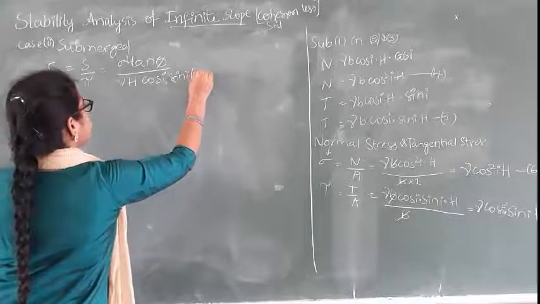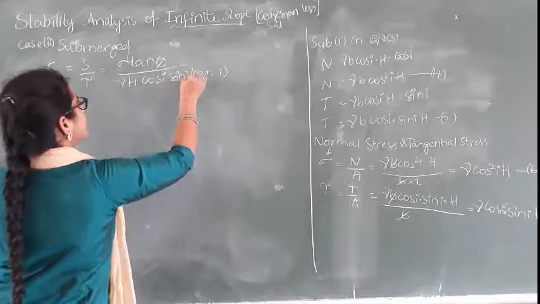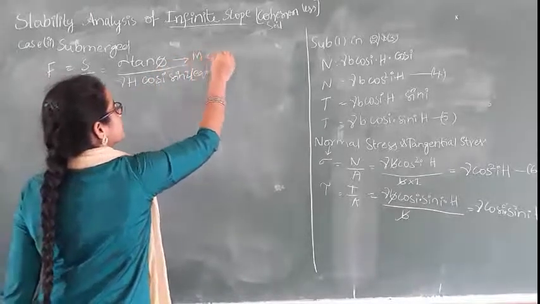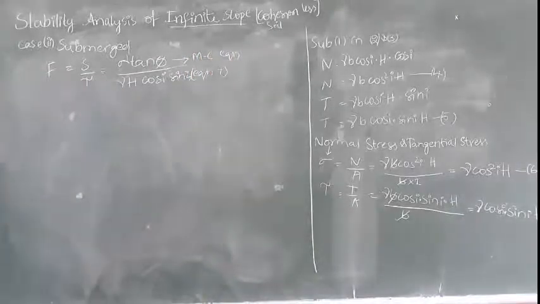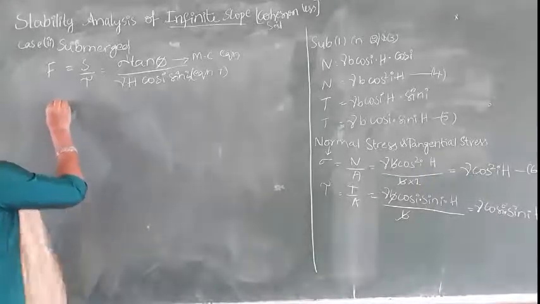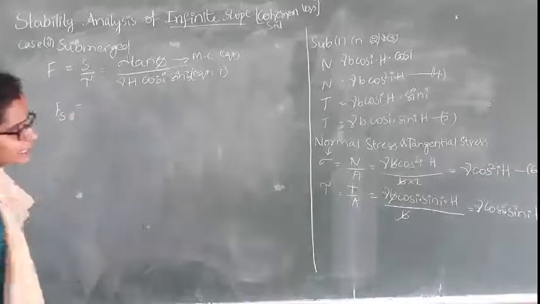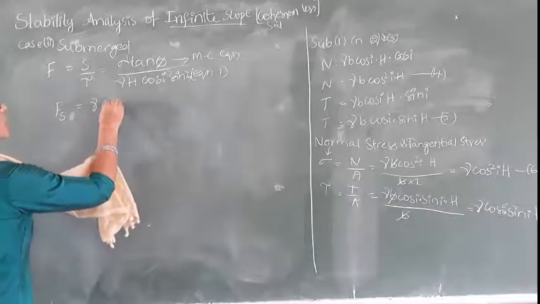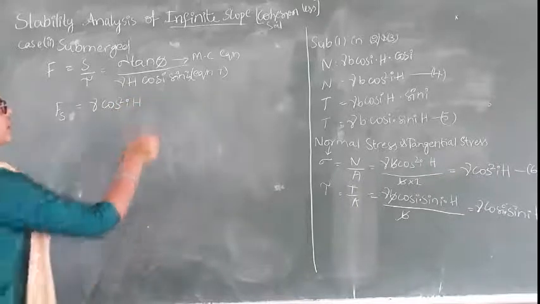So this is from equation 7. From equation 6 we will substitute. Factor of safety is equal to sigma dash, or sigma, is equal to gamma into cos square i into h tan phi.